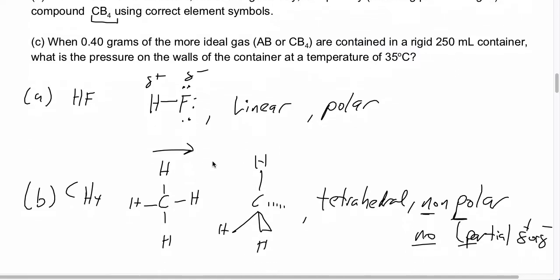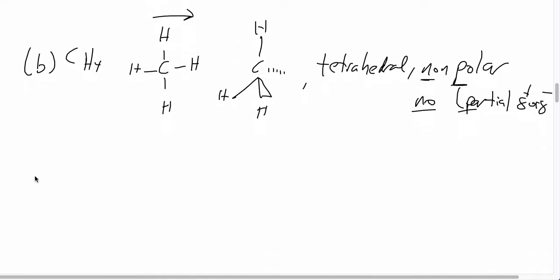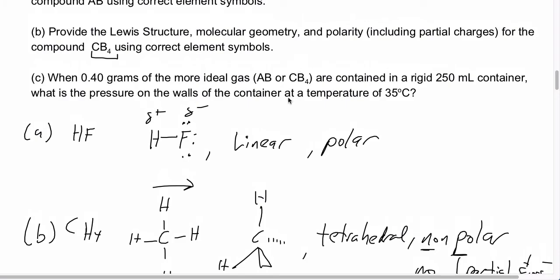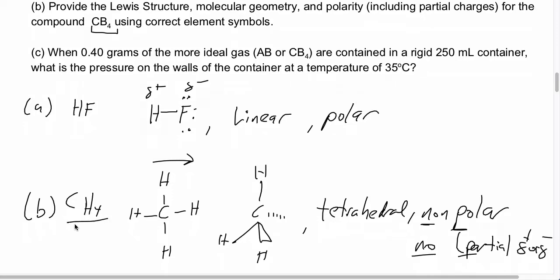Okay? Now let's do C. So which gas, the more ideal gas? So we know that this is going to be the more ideal gas because ideal gases should expand, and things that expand should only have London dispersion interactions. And to only have London dispersion, you need to be only nonpolar.